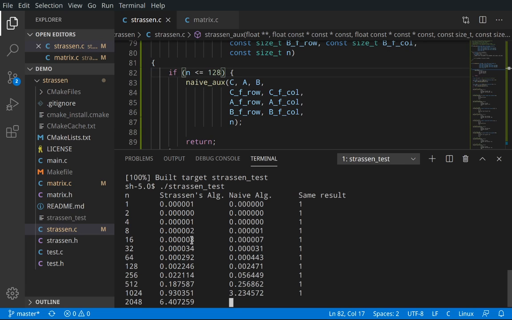So if you have any comment concerning the Strassen algorithm and what we saw, it is welcome.